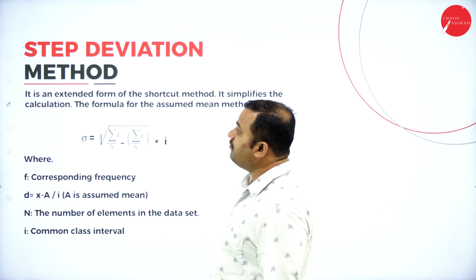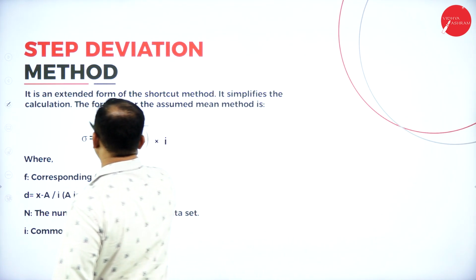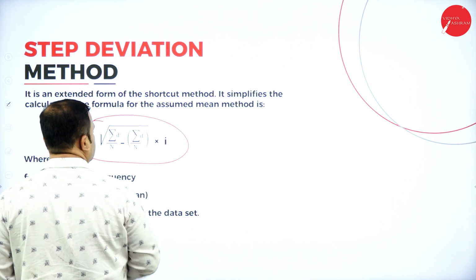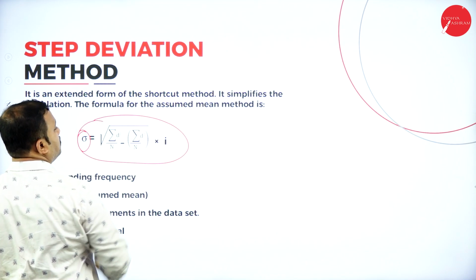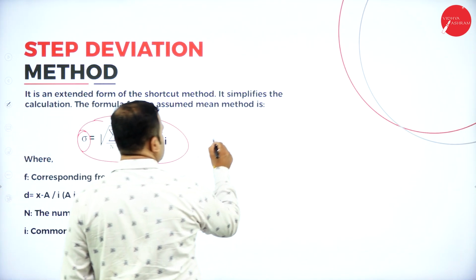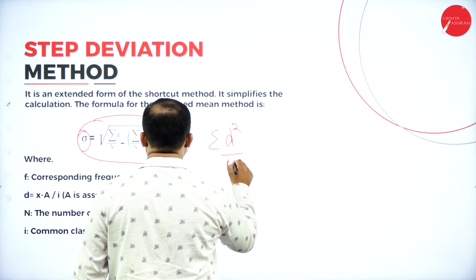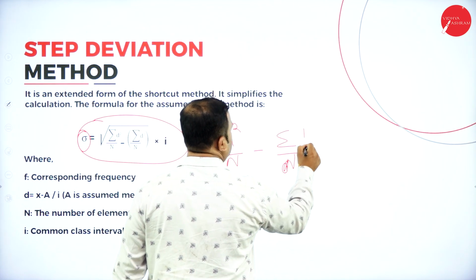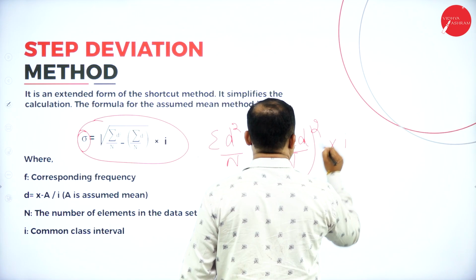Then the step deviation method is another important method, in which you will use a formula like this to find out the standard deviation: summation d square by n minus summation d by n whole square, into i.